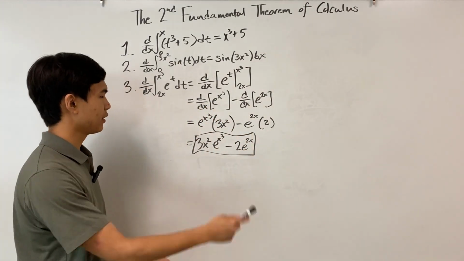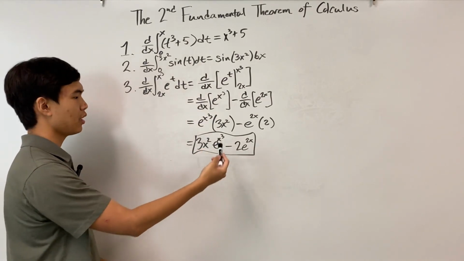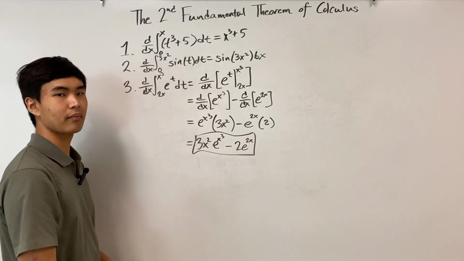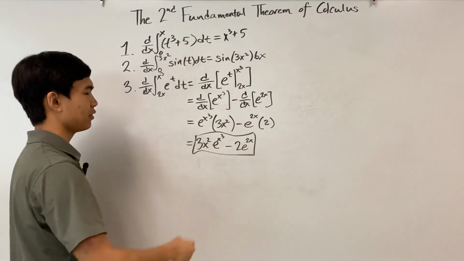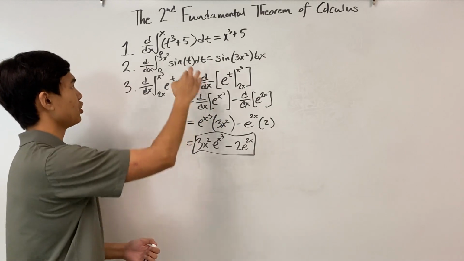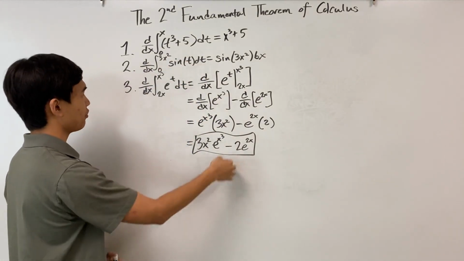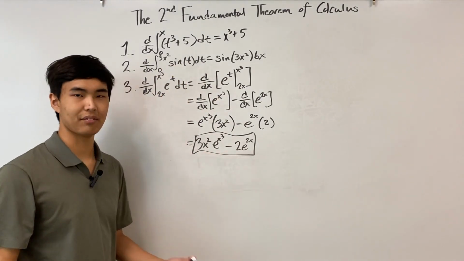And notice this is f of x cubed times the derivative of x cubed minus f of 2x times the derivative of 2x. So now we've seen that in the case where both ends are functions, we can do something similar to here, except now we do it for the upper bound and the lower bound, and we subtract because of the definite integration rule.